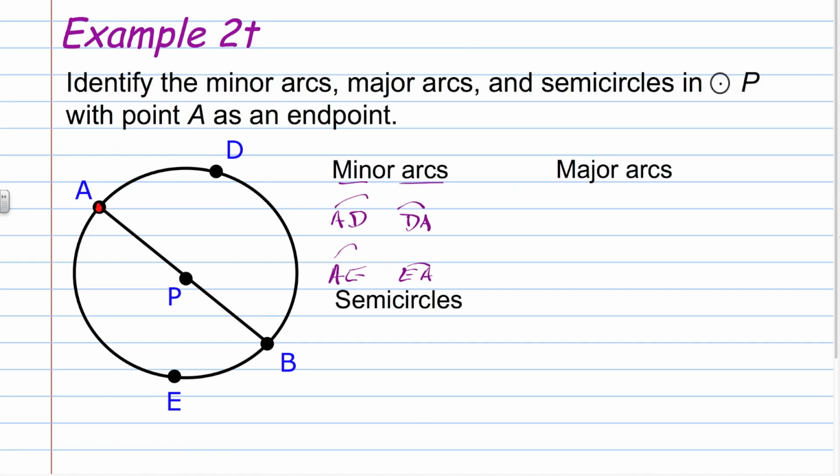So starting with point A, if I travel clockwise to point E, that would be a major arc. Now I got kind of sloppy there and I apologize for that, but I'm not used to working with circles. Let me move that in a little bit, so that's good. But from point A to point E, we can name that major arc two different ways. The way I would name it personally would be arc ADE.